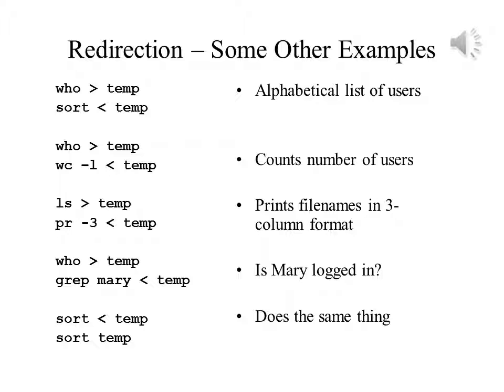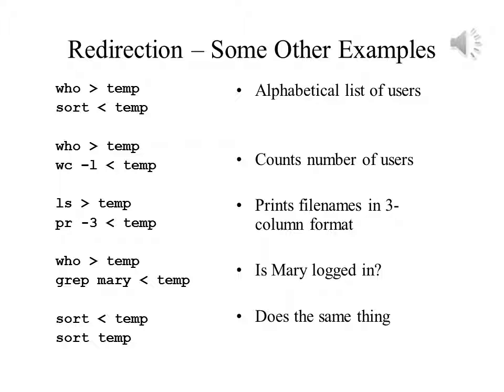The -l option with wc is to give us just the number of lines. ls > temp will save the names of the files in the temporary file. pr -3 < temp will display them on the screen in 3-column printing format.